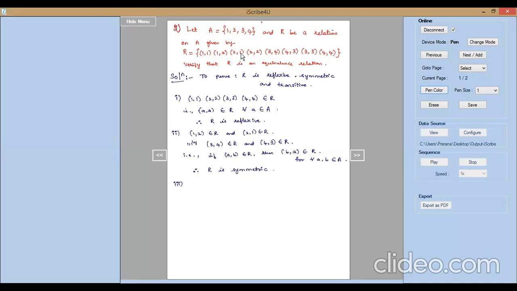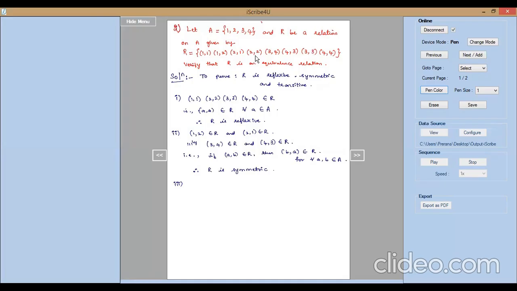Next we take (2, 1). (2, 1), (1, 1) gives (2, 1), which belongs to R. (2, 1), (1, 2) says (2, 2) also must belong to R, which is true. (2, 1) work is over. Similarly, (2, 2), (2, 1) gives (2, 1), which also belongs to R.